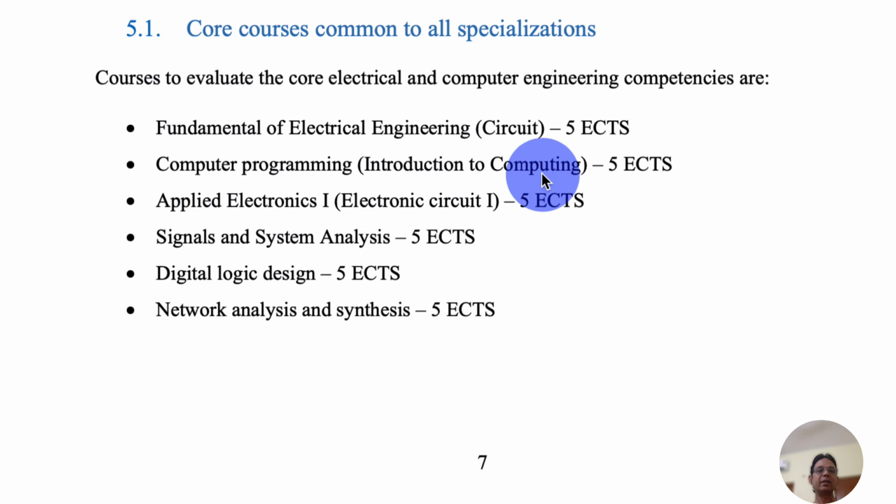In electrical engineering, what are electrical drives, what are electrical circuits, and what is current law, Ohm's law. So this type of things will be covered. Computer programming is just about what is the computer, what is programming, what are operating systems, what is the language. So these are the basic questions you have to learn in these subjects. Applied electronics is electronic circuit theory.